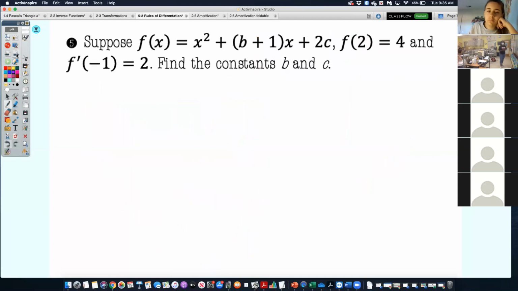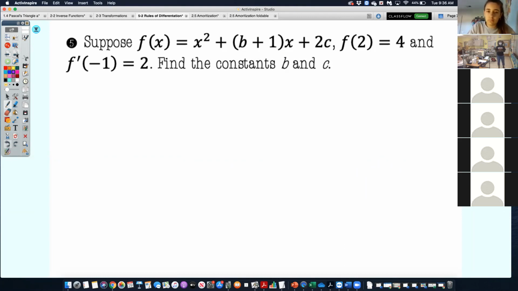Let's look at the next one. Okay, it's a little bit more involved. It says suppose f of x equals x squared plus (b plus 1)x plus 2c. f of 2 is 4 and f prime of -1 is equal to 2. Find constants b and c. This is a little bit more on that IB level type of question, okay?